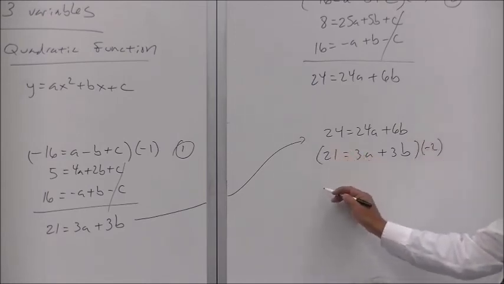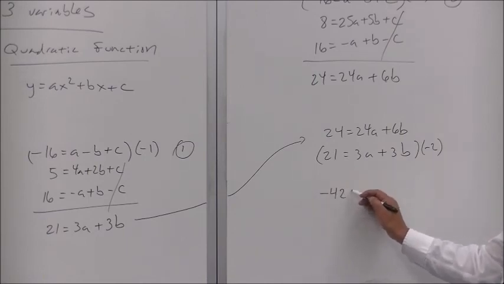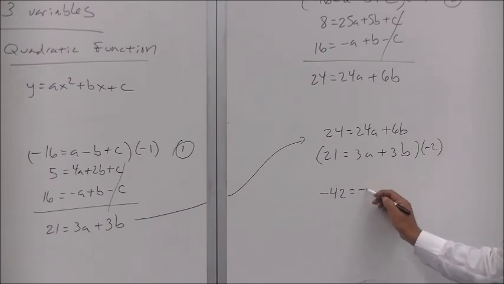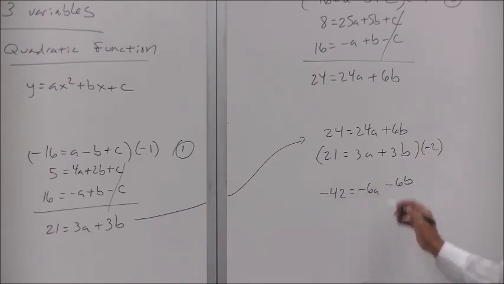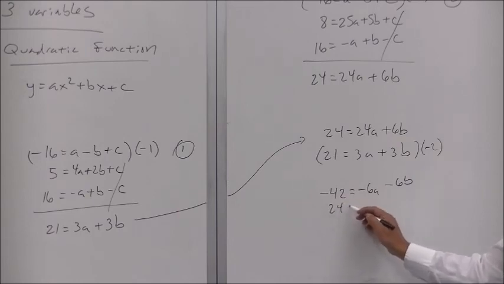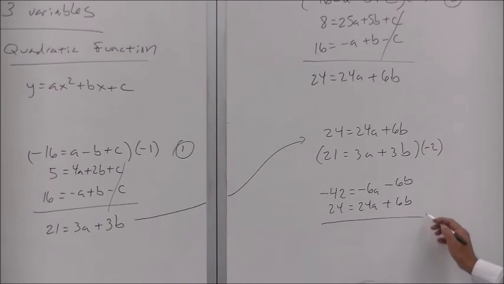So that gives me negative 42 equals negative 6a minus 6b. With the top equation, the 6b's are opposites. They're gone. What does that leave us?